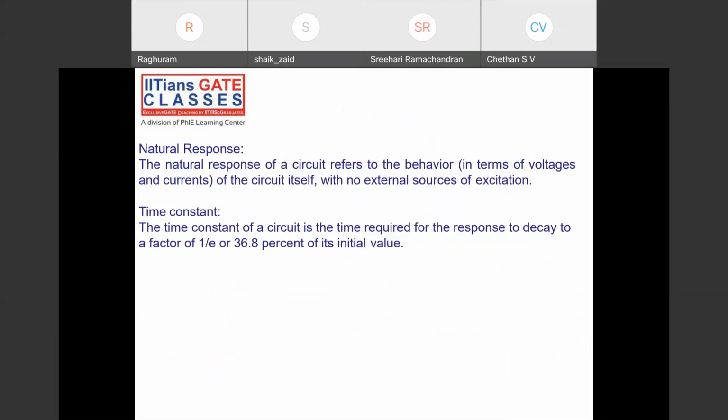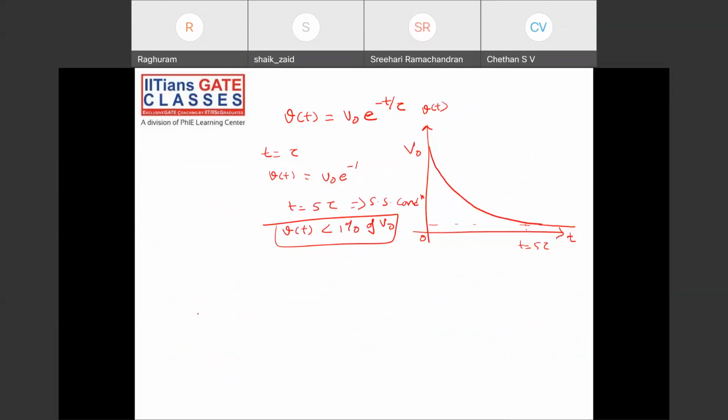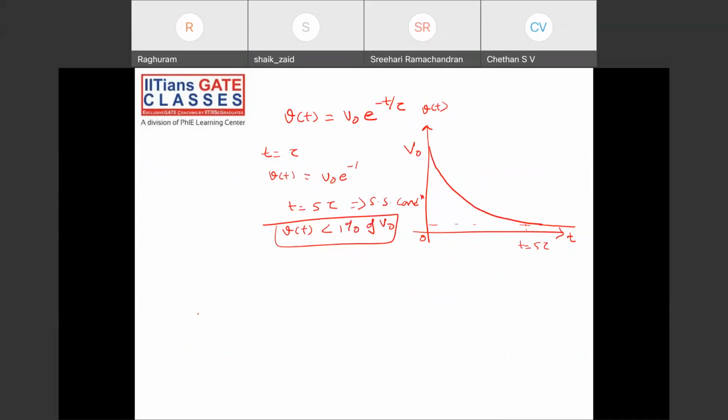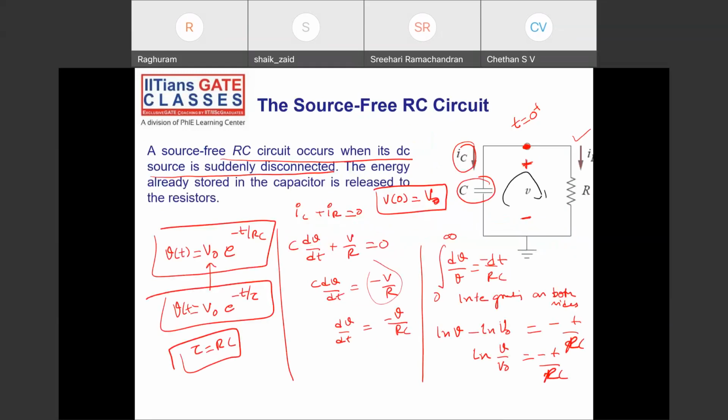Natural response. The natural response of a circuit refers to the behavior, in terms of voltages and currents, of the circuit itself with no external source of excitation. That means for a source-free RC circuit, there is no external excitation.